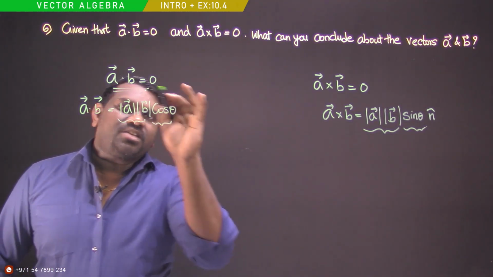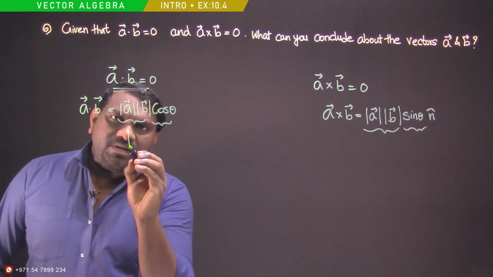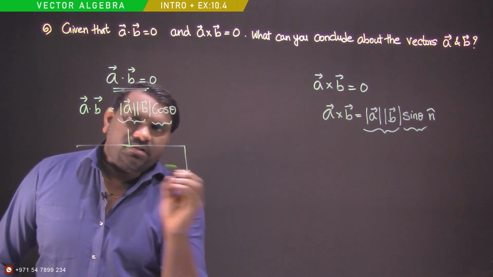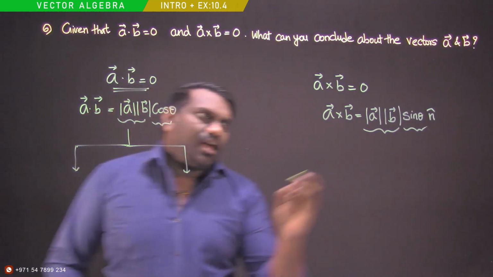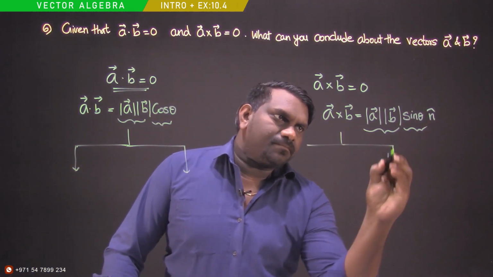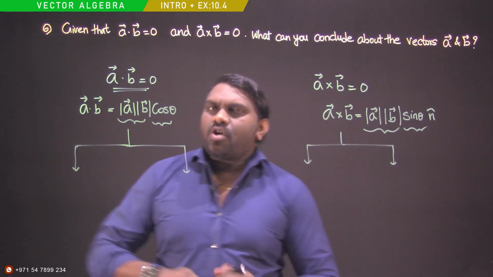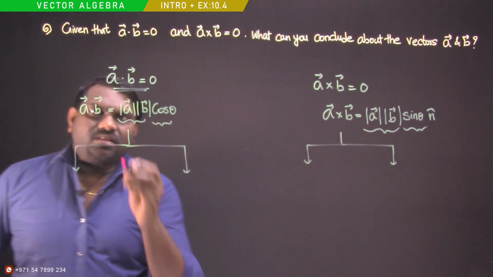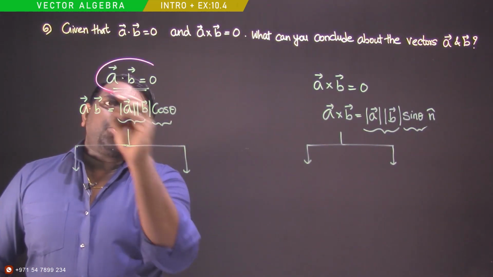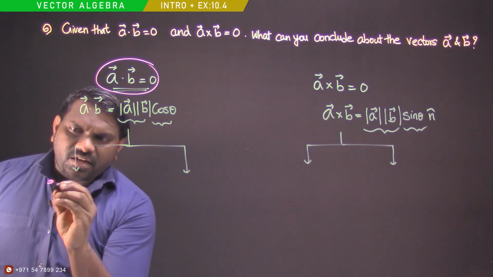That means if it is 0, there are two possibilities in which it could be 0, dear. There are 2 in this one, and 2 over here. In two ways this can become 0. Now if this should be 0, what are the conditions?